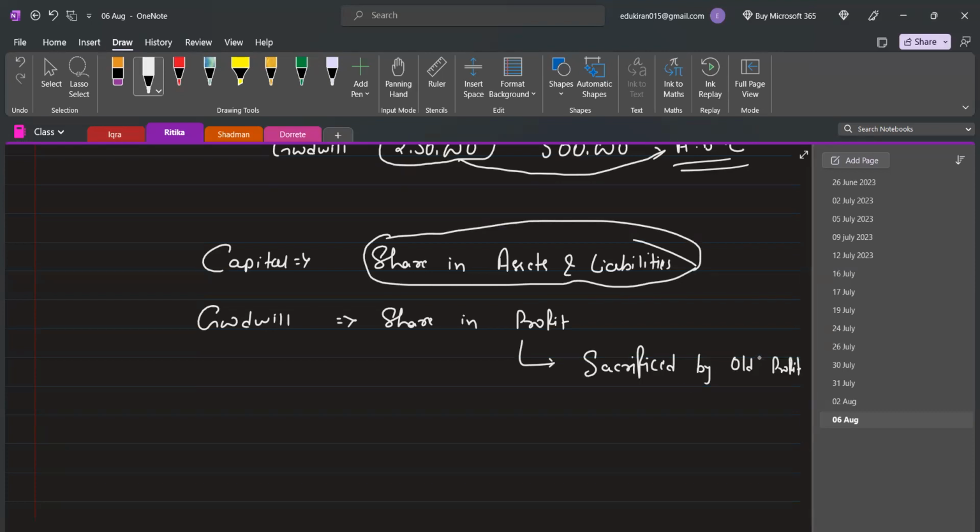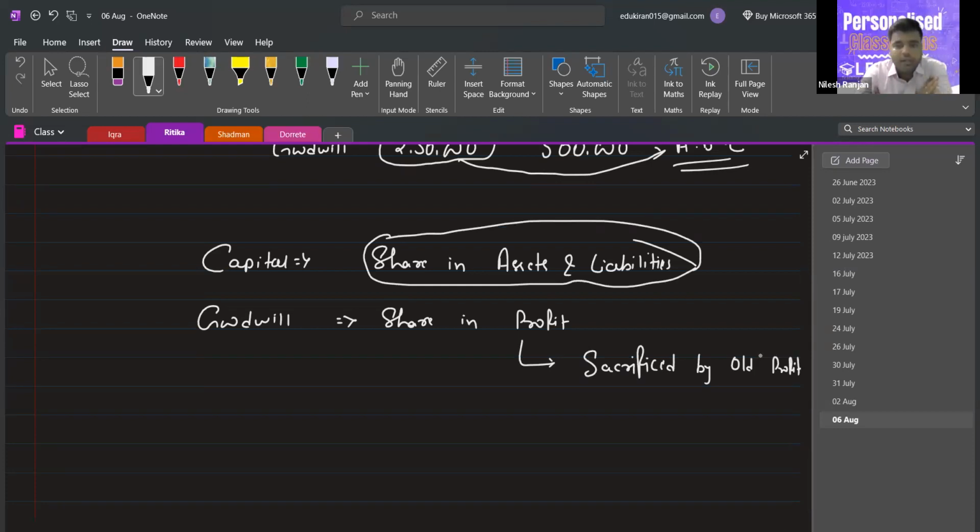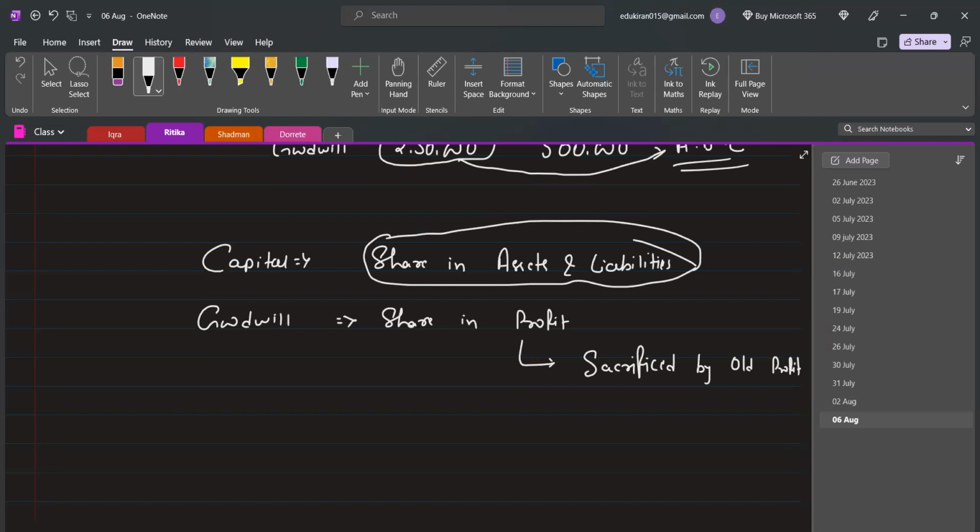So if their profit share is decreased, then in return they take something from D, that is called goodwill. Is this clear? Yes, sir. So that's why we need adjustment of goodwill also.